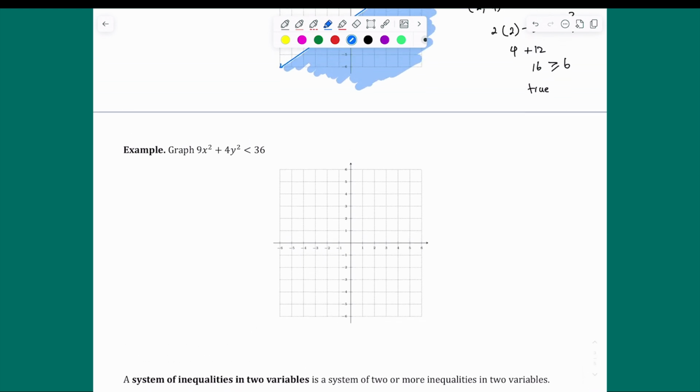Okay, so we are asked to graph 9x squared plus 4y squared less than 36. Okay, so first step is always to replace that inequality with an equal sign.